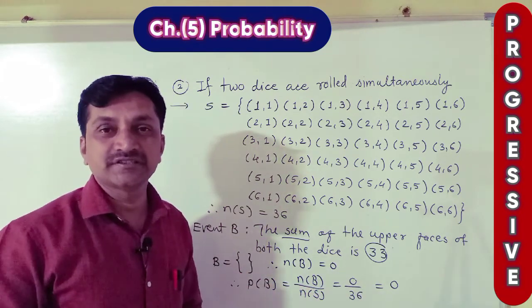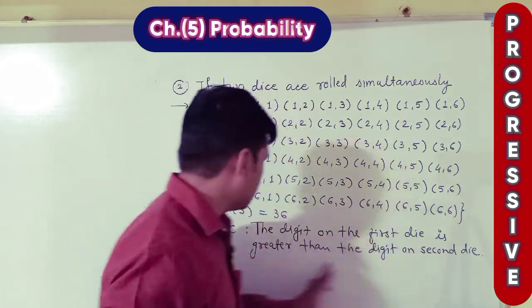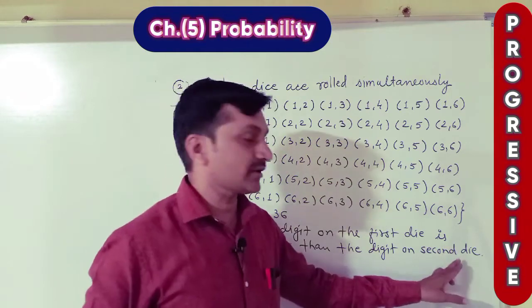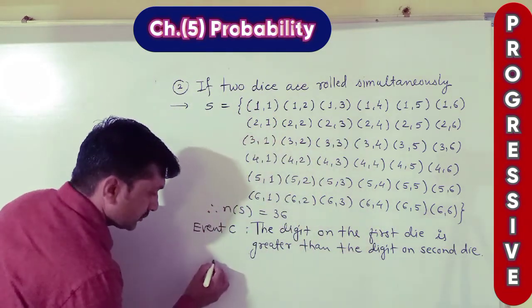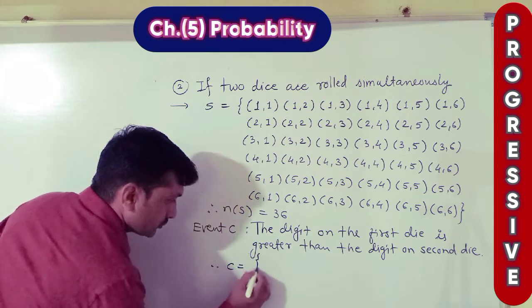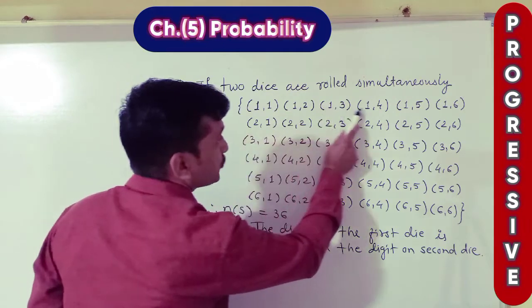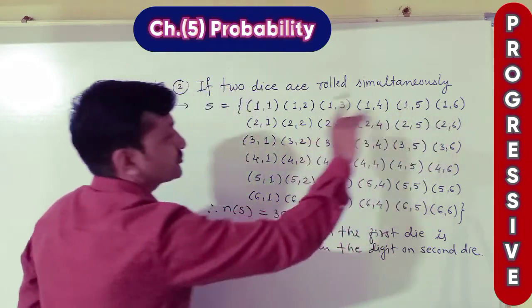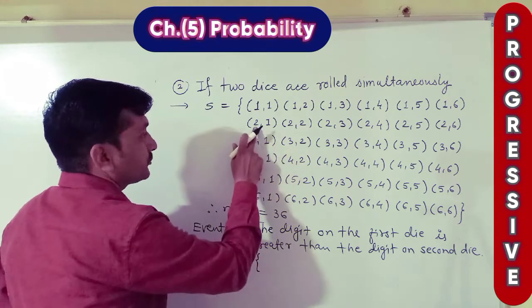Let's see event C. Event C is the digit on the first die is greater than the digit on the second die. Means in bracket, first number greater than the second. Therefore C is equal to, now here first die greater, here equal, here small. In the first row there is no element.